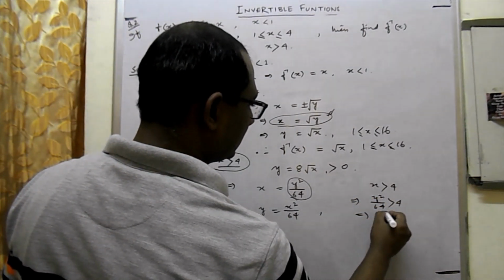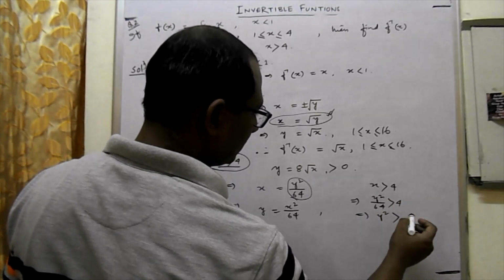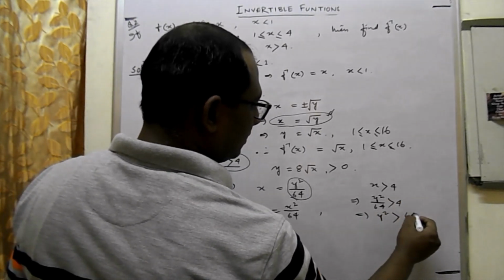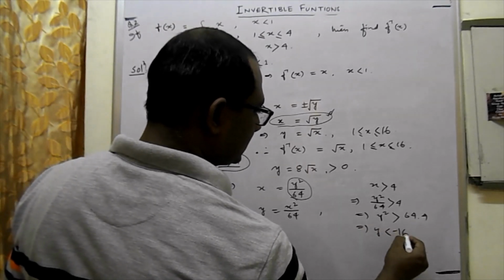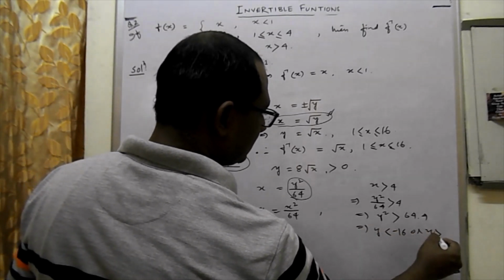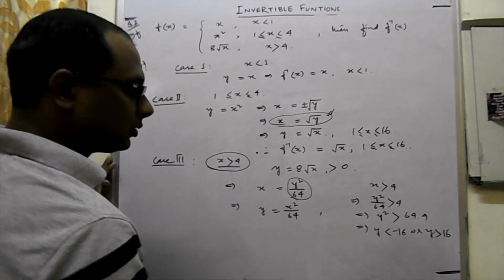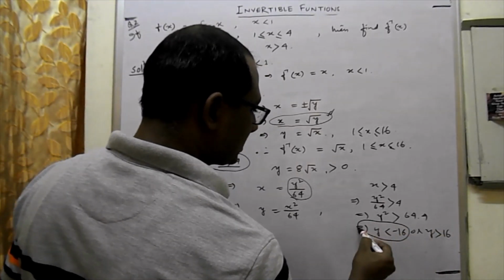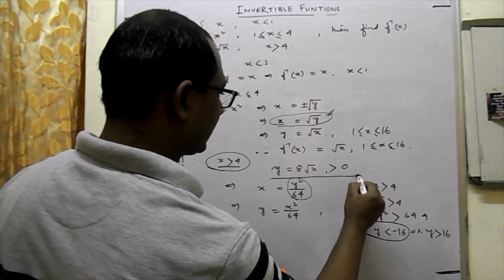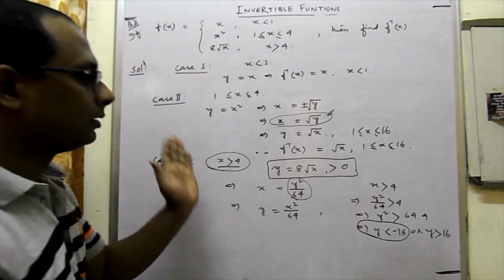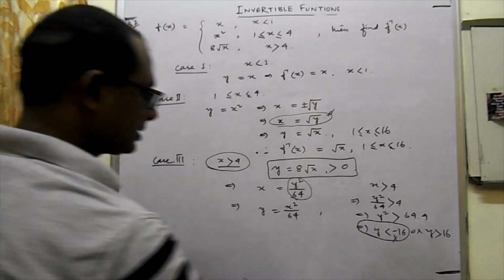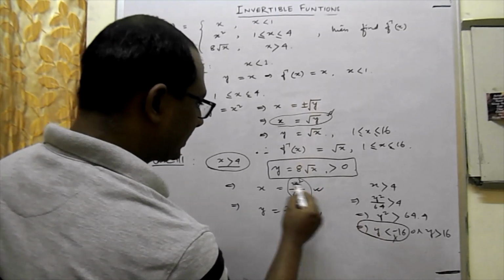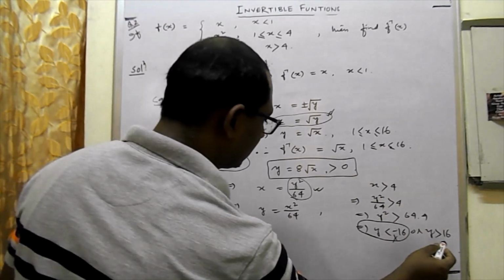So y squared is greater than 64 into 4, means y is either less than minus 16 or y is greater than 16. But y cannot be less than minus 16 because this is the first line I told you. Y cannot be negative, so this is neglected. So y is strictly greater than 16.